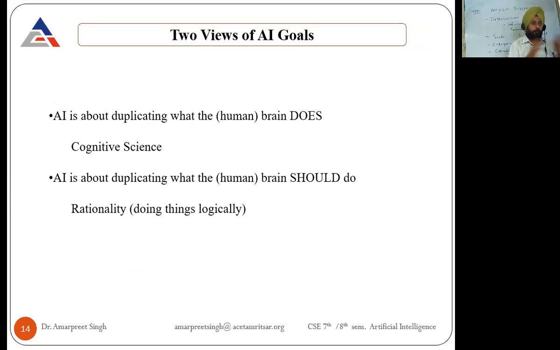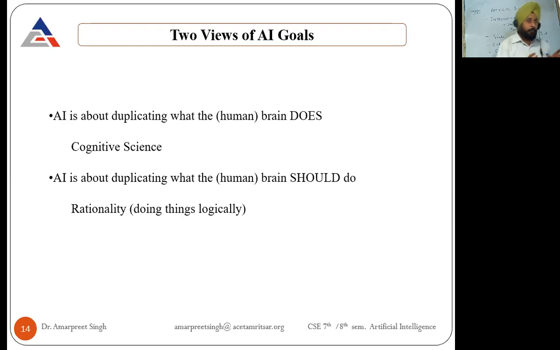Two views of AI. If we say what are the goals, it can have two views. One is that AI is about duplicating what the human brain does. Whatever our brain is doing, we want that AI machine to do the same thing. That means mimicking, duplicating the activities of the human brain.